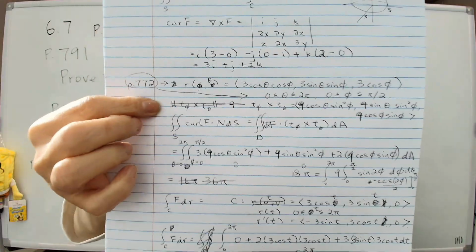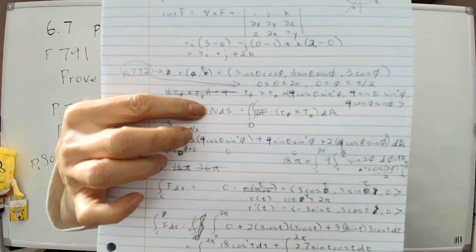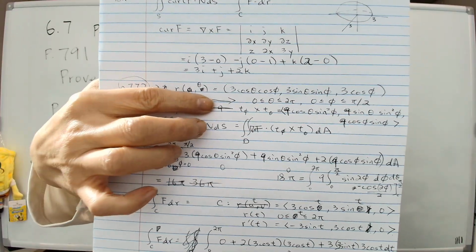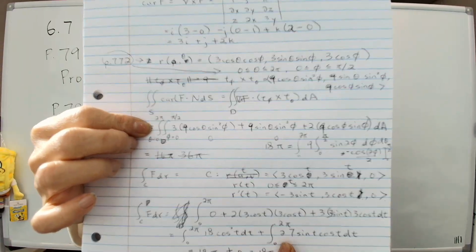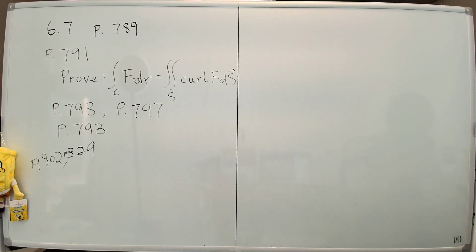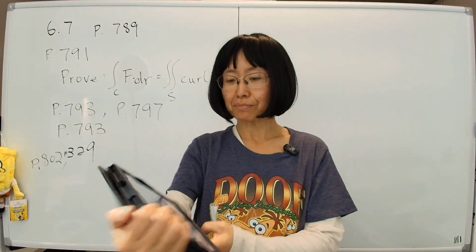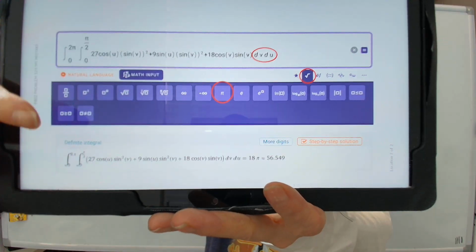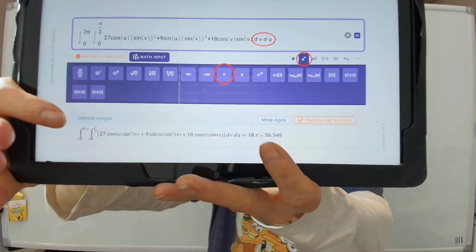Anyway, I got that, and then I did this dot product, okay? So we take curl F and dot it with this T_phi cross T_theta, and I got this big long thing for integration, which I plugged into the Wolfram calculator, and it gave me the right answer. When it's all said and done, it equals 18 pi.